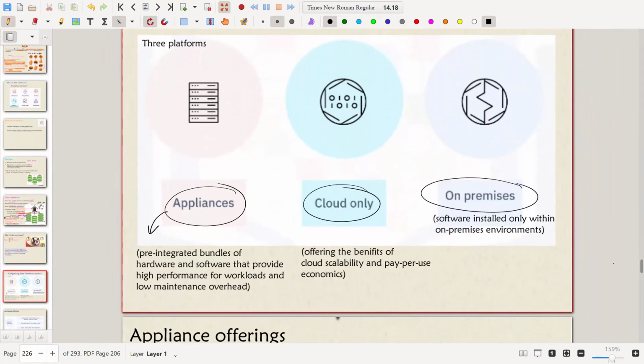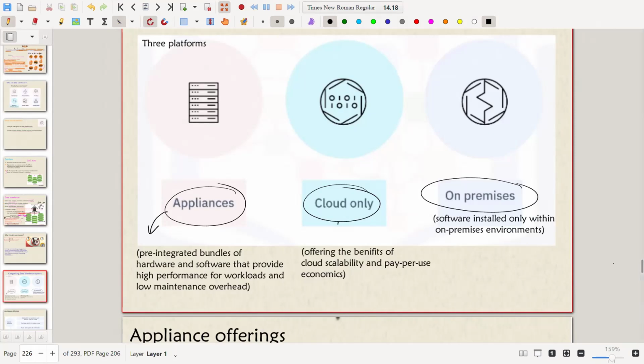Don't worry about keywords like bundles or pre-integrated, those are more computer science technical terms. Just understand the intuitive idea: bundles of hardware and software that provide high performance for workloads and low maintenance overhead.